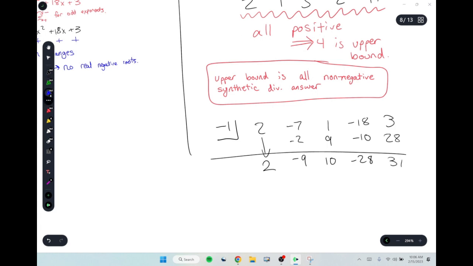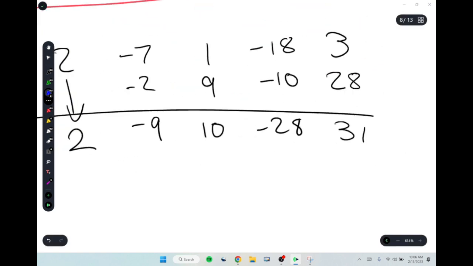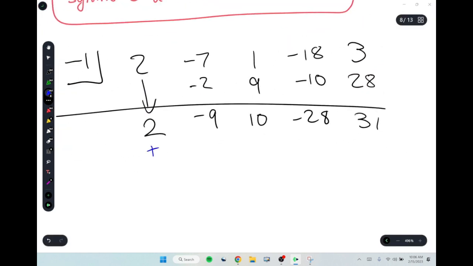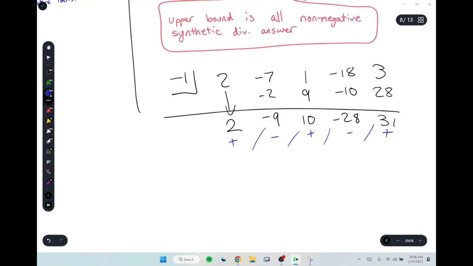Oh, shoot, that is not all negatives, is it? What happened there? Positive, negative, positive, negative, positive. Flip, flop, flip, flop. If it does that, you know what it means? If alternating, dot, dot, dot, lower bound.